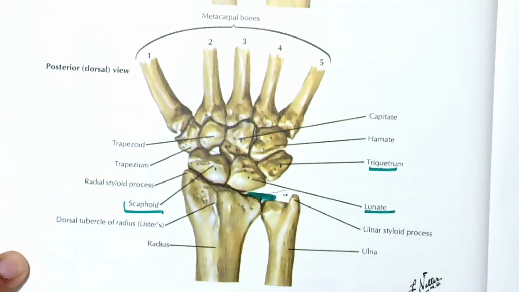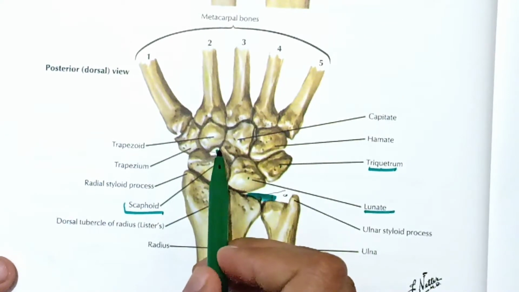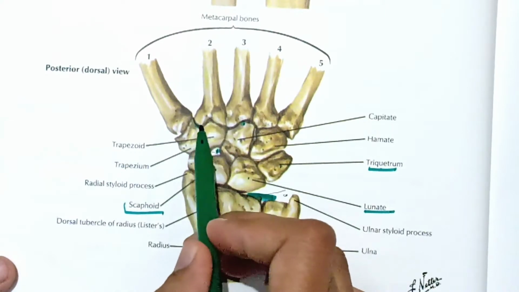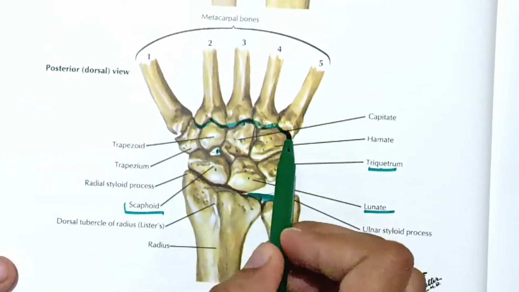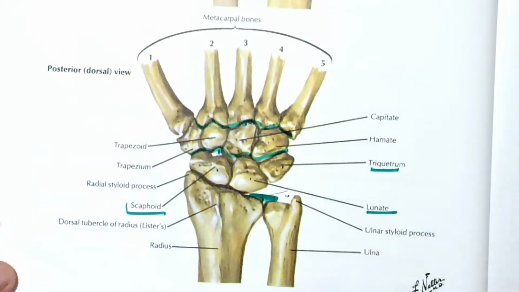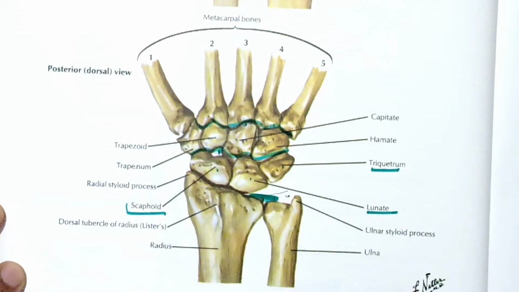So this is the wrist joint. We also have a mid-carpal joint, and then we have the carpometacarpal joint over here. This one is the carpometacarpal, this one is the mid-carpal joint. So we have three joints in this plane.